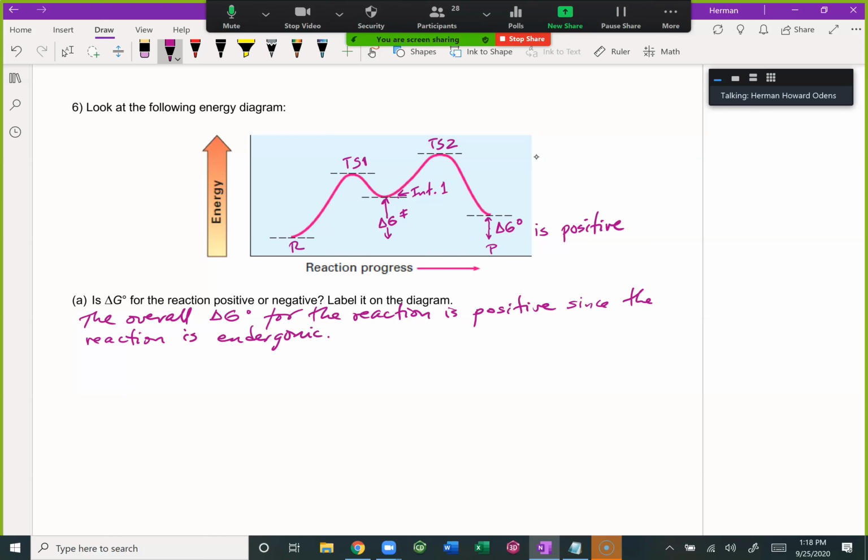The products are higher in energy than the reactants.